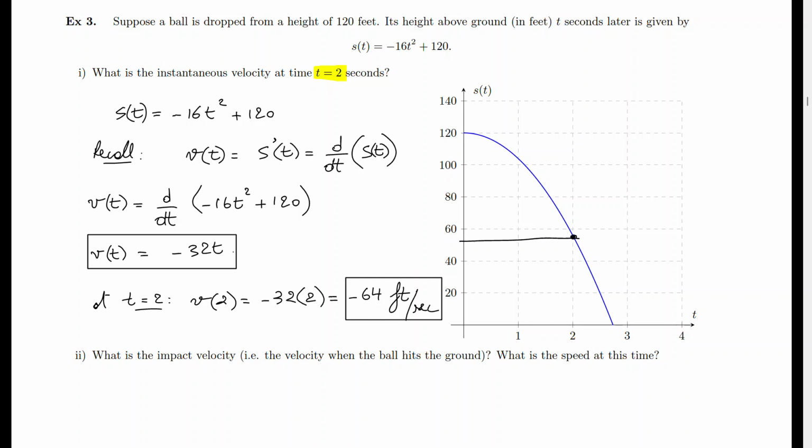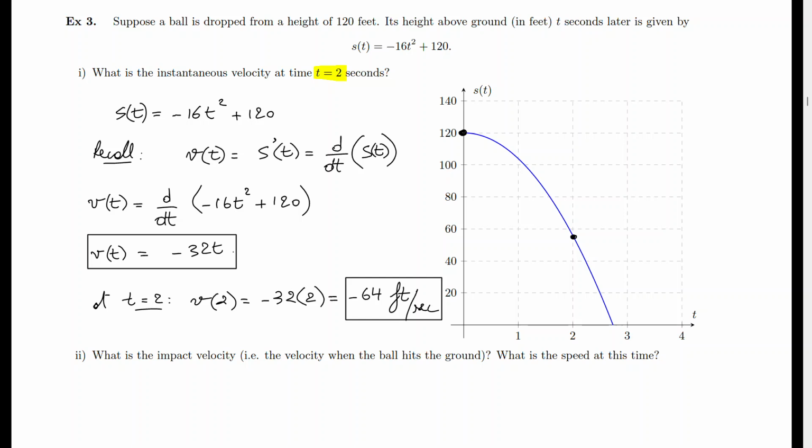Remember, this is the position graph, and at time 0, we know that the ball was 120 feet high. And so after 2 seconds, I can guess from the graph that the ball is about 55 feet above ground, maybe, and it's going at the speed of 64 feet per second. Velocity is negative 64 feet per second, but the speed is 64.